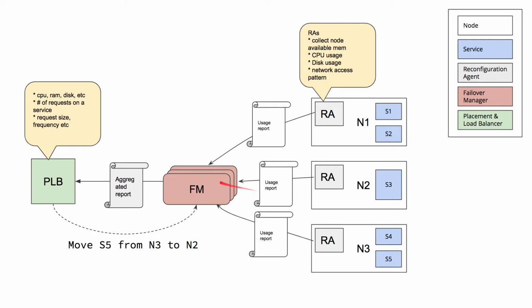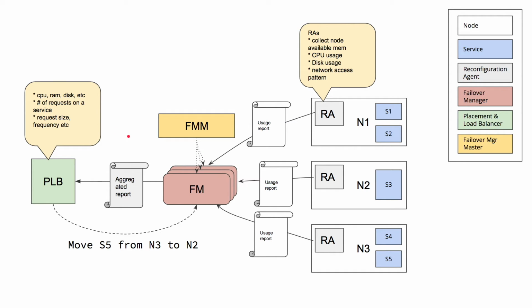The metrics the PLB uses to make balancing decisions include node stats like CPU, RAM, and disk, conceptual resources such as the number of requests on the service, or the parameters of a typical request such as request size, frequency, etc.